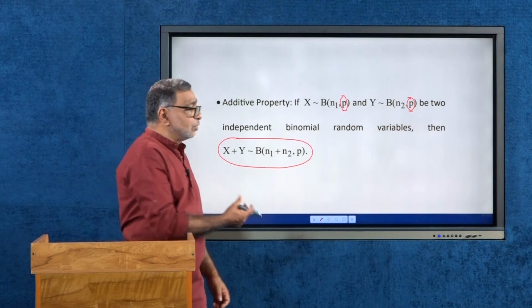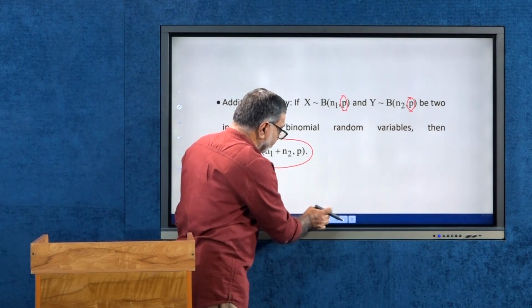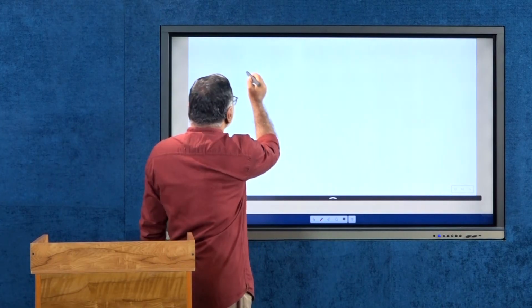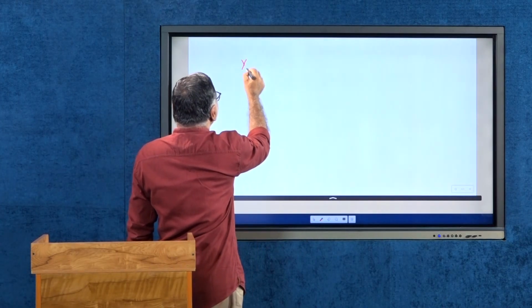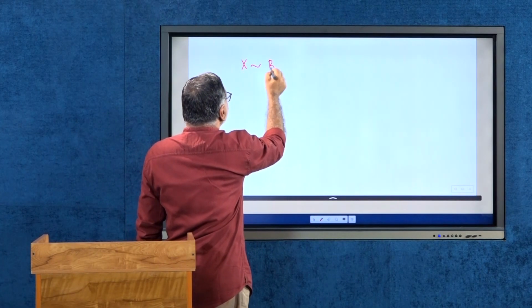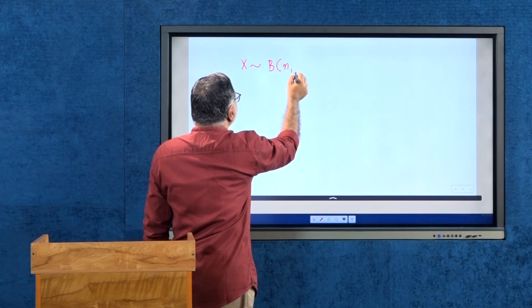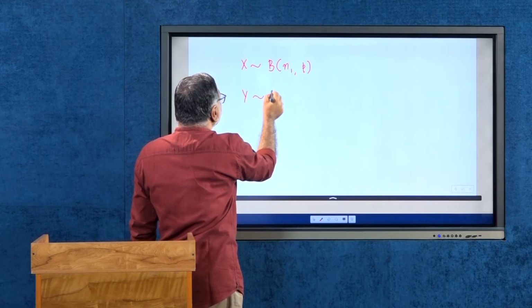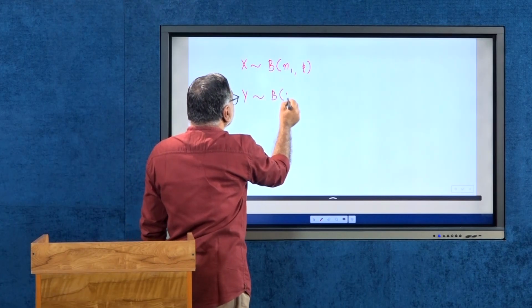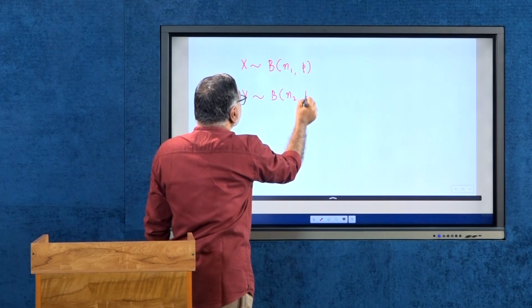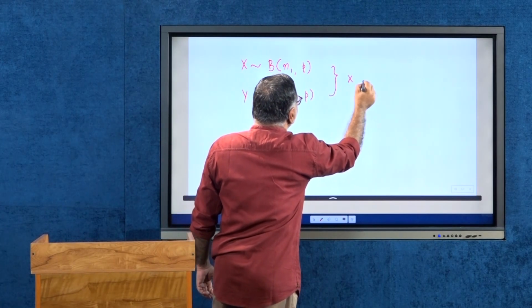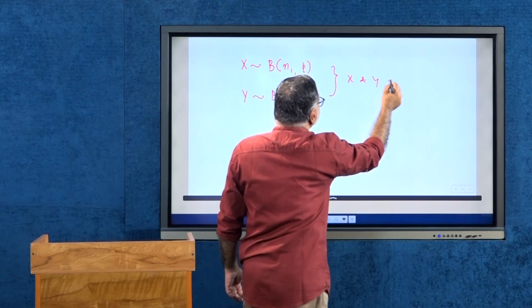And how are we going to prove this result here? Suppose x is a binomial random variable with the parameter n1 p and y is another binomial with the parameter n2 p, where both x and y are independent.